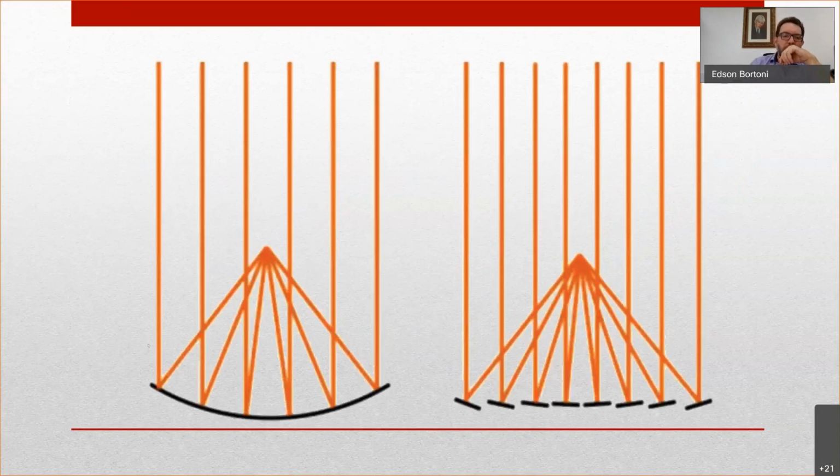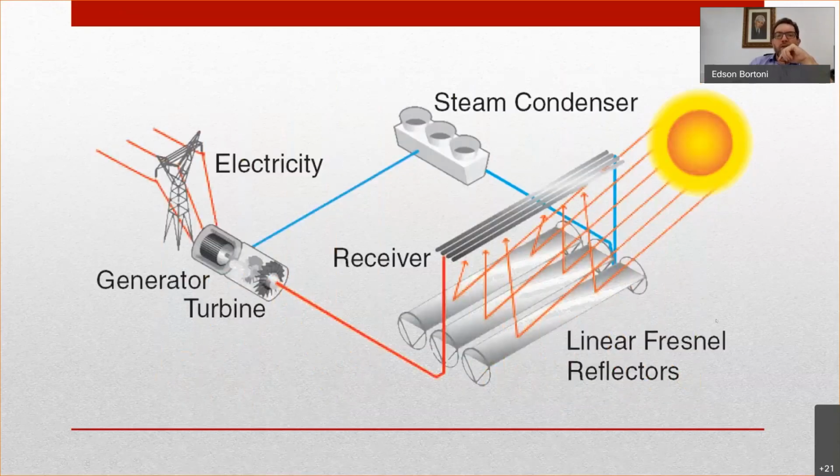So instead of having a parabola here, you have mirrors here converging the rays to a single focus point. So we have parallel rays and the mirrors pointing to a single point. So you have here also the Rankine cycle.